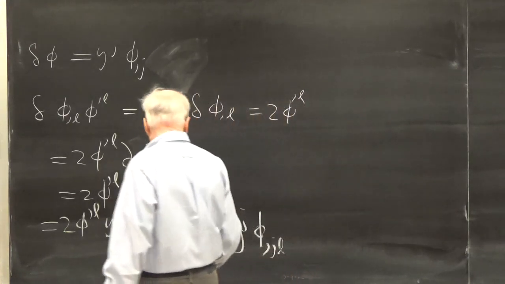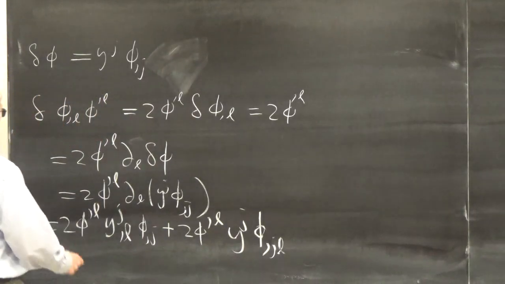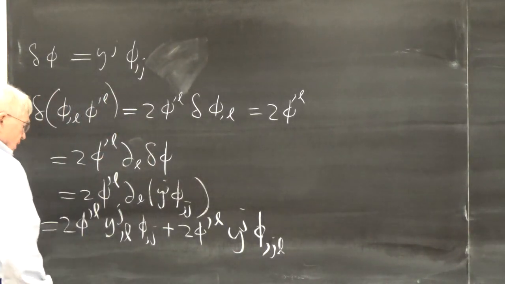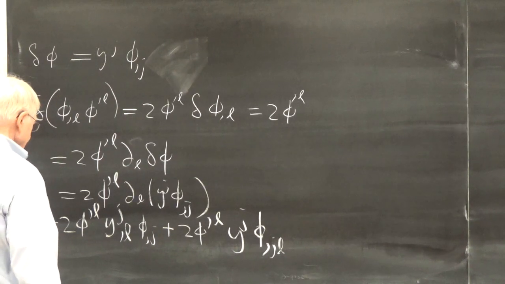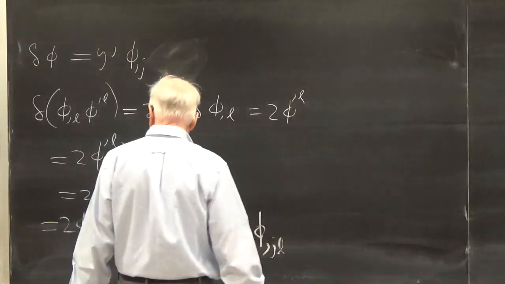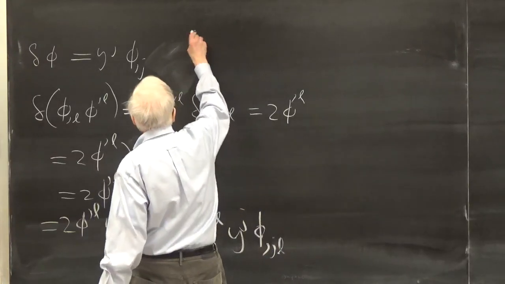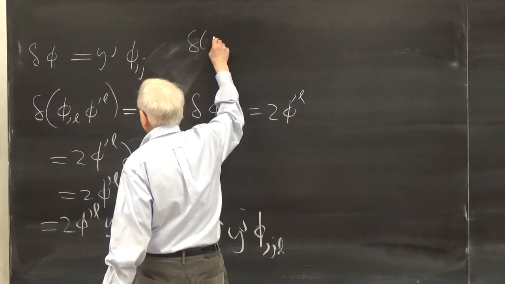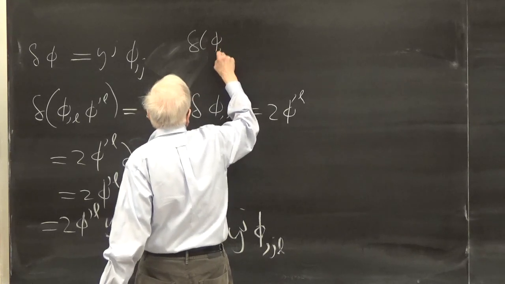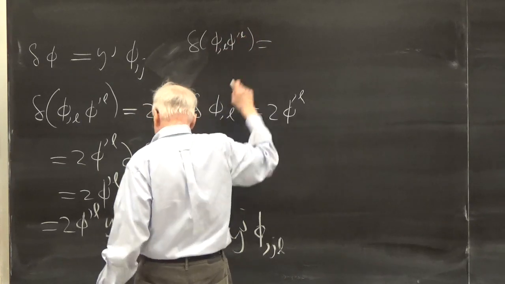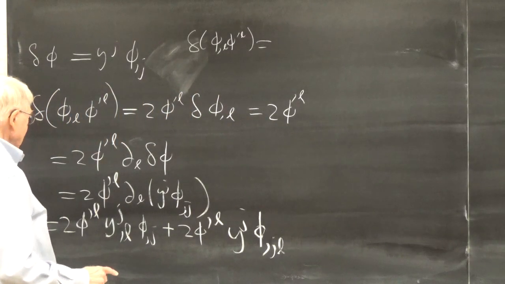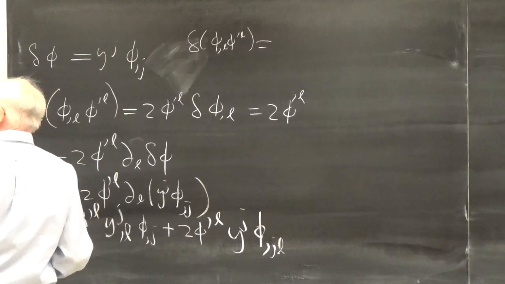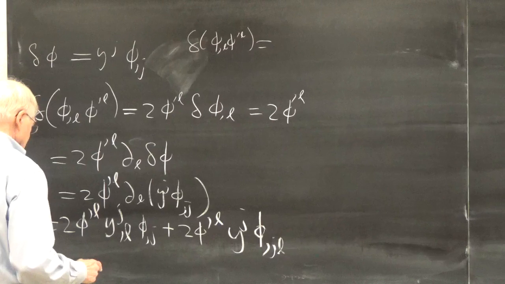Oh, I've already got that in there, don't I? Yeah, so this is the change in the action. Can we write this as a total derivative in some case? So you guys should watch what I'm writing and correct any mistakes, because we don't want to waste time here with mistakes.